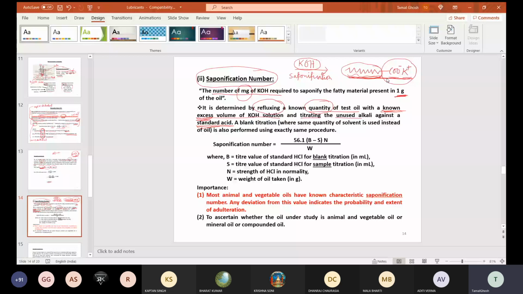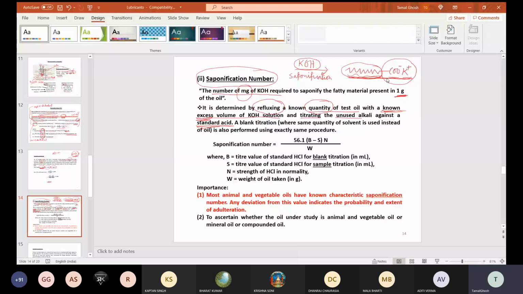Now this was the sample titration. Once you do all these steps, you will get the S value. S will come out in milliliters. S is nothing but the titer value of standard HCl for the sample titration.